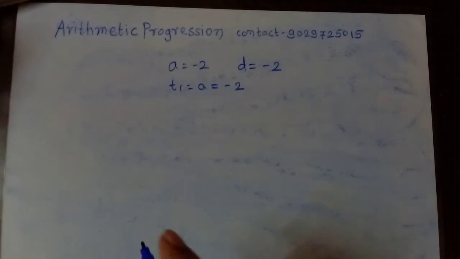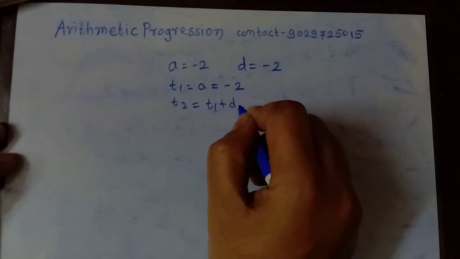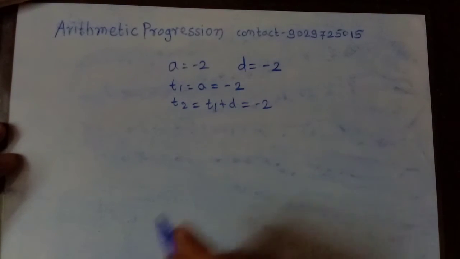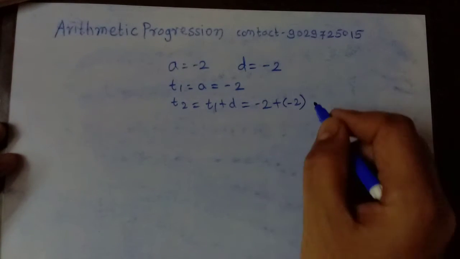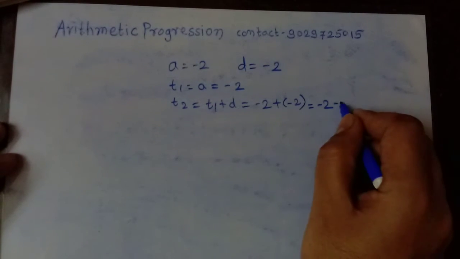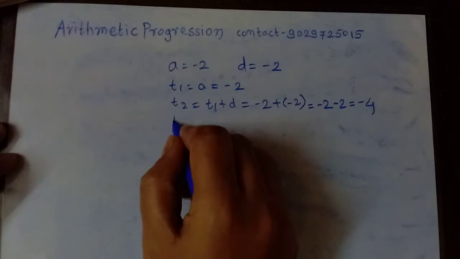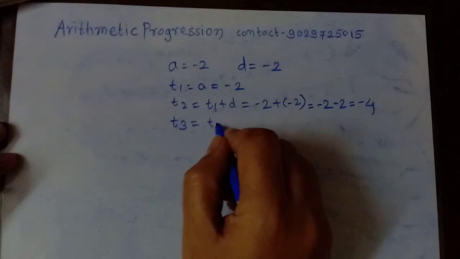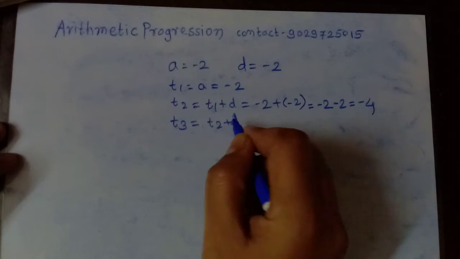How to find the first term: T1 = a = -2. How to find T2? We know T1 plus d. T1 is -2 plus d is also -2, so -2 plus -2 is -4. Now T3 = T2 plus d.